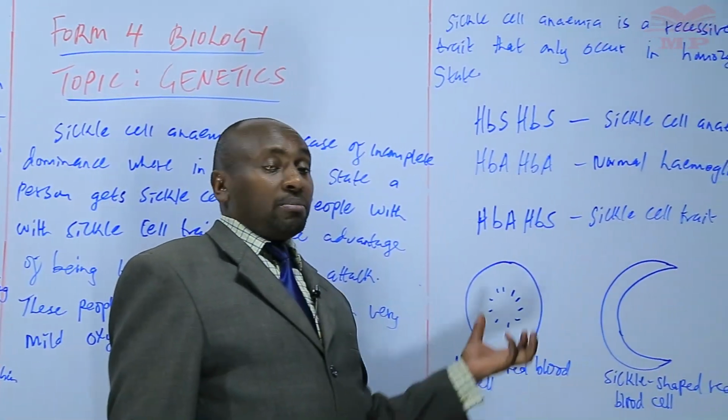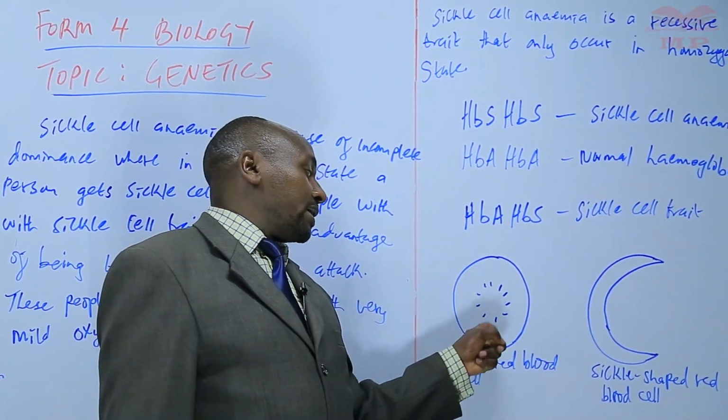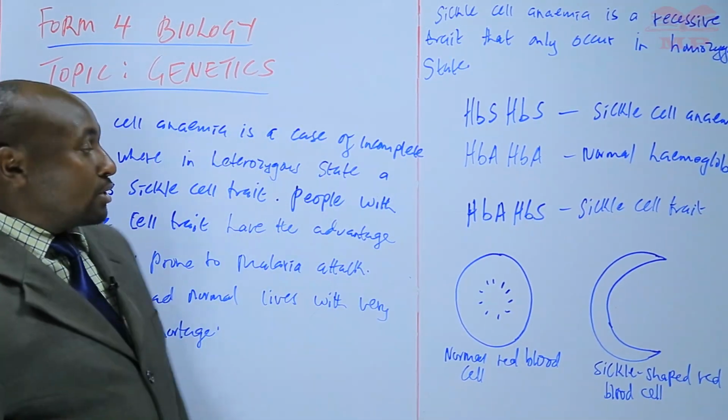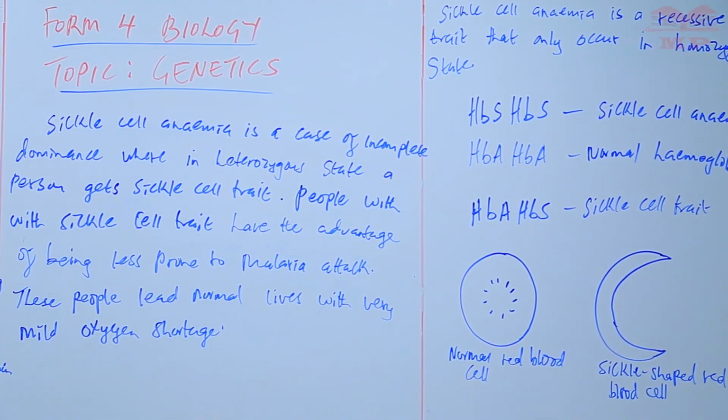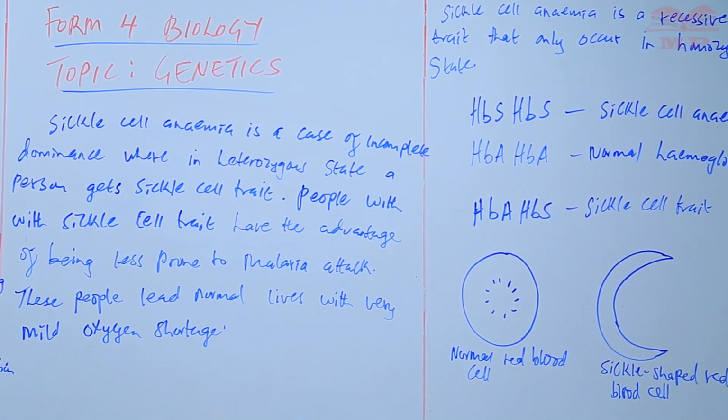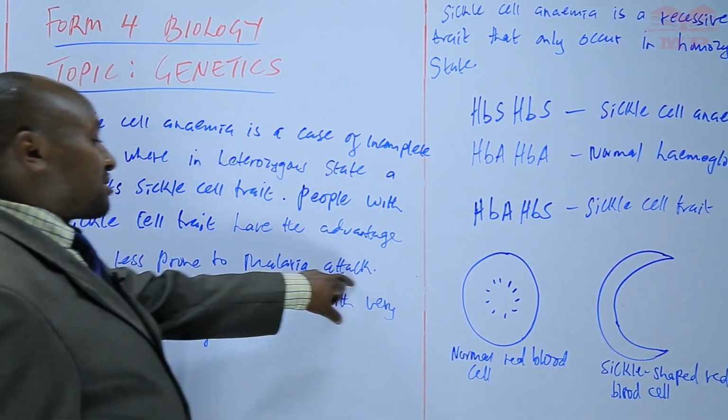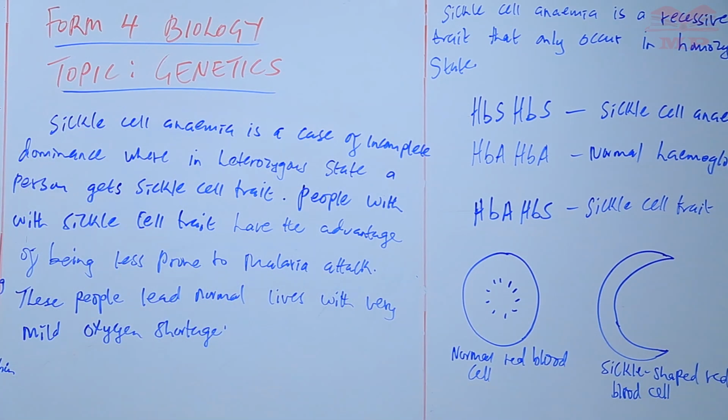Otherwise, the majority of them, more than 50% of the red blood cells, are okay. So they have an advantage of being less prone to attack by malaria.